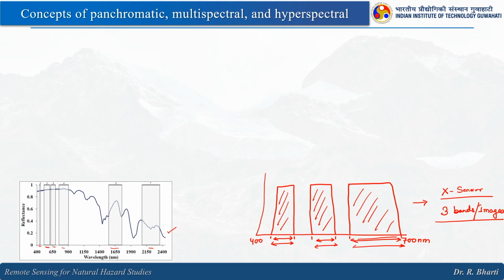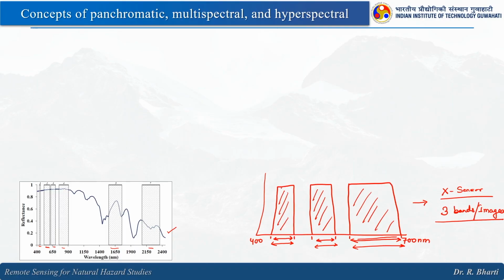So, I hope this is clear, and then we also learned what is the relationship between the wavelength and energy. As we move towards the shorter wavelength, we have high energy. As we move towards the longer wavelength range, we have low energy. So, if an image is generated in this particular wavelength, here we have high energy. When we move to the second image, it will be comparatively less. When we move further in the longer wavelength, we will have further less energy compared to this, right.